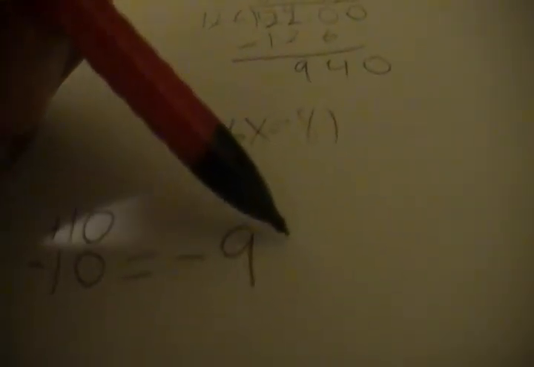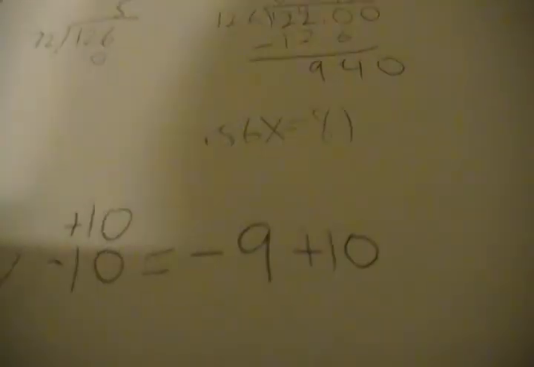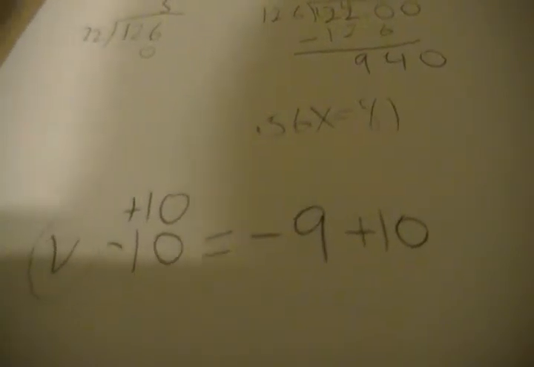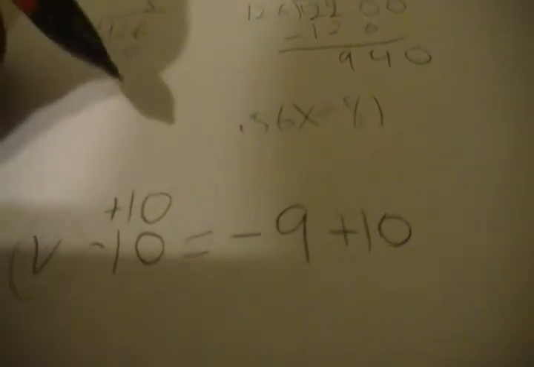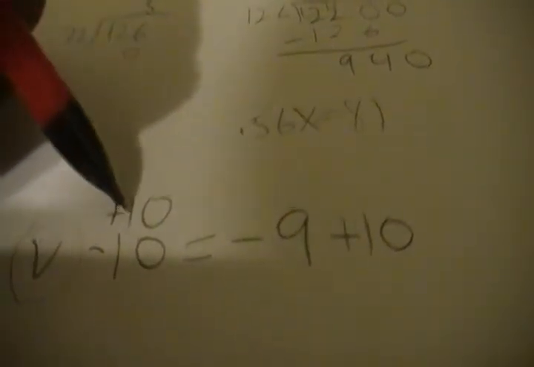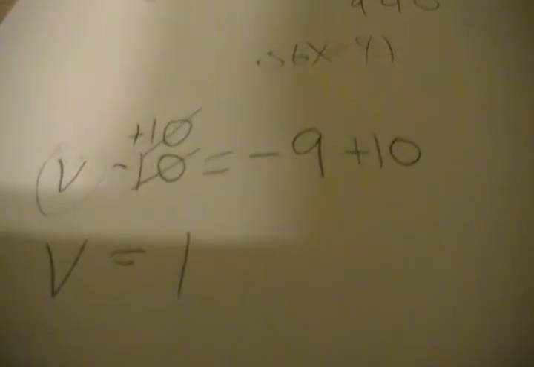If we add 10 here, we also have to add 10 to the right side. So what is 10 minus 10? That's just 0. We cancel out. So v is equal to negative 9 plus 10, or 10 minus 9, which equals 1.